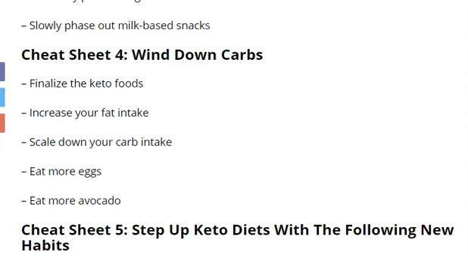Meanwhile, you need to bring down carbohydrate intake: try to remove soda, eat less rice, less bread, and even less fruit, but selectively eat some foods. Of course, you need eggs and avocado, which have a high fat content.